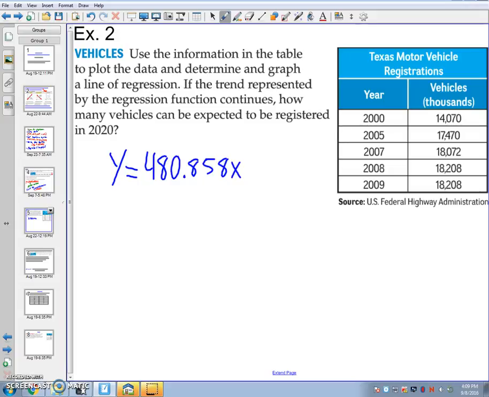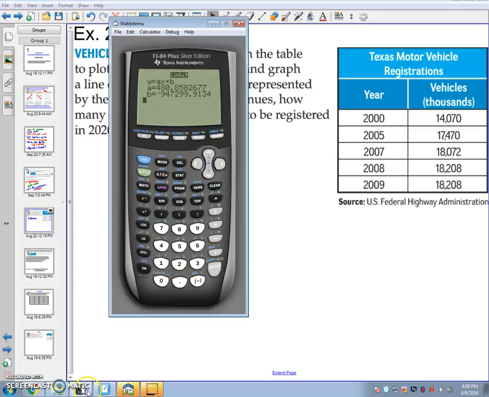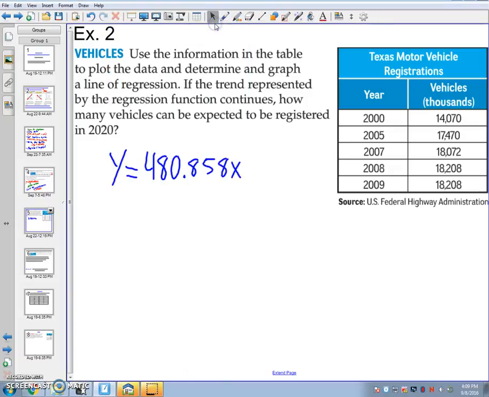B is, make sure, yep, b is negative 947,299.913. Alright, there's my prediction equation.